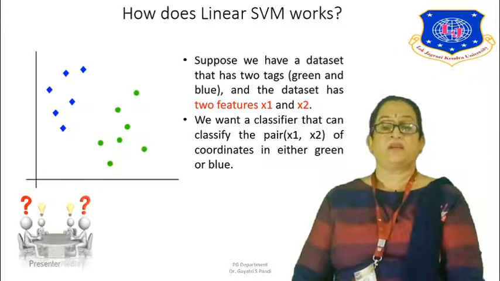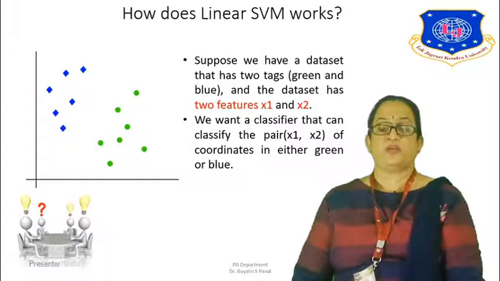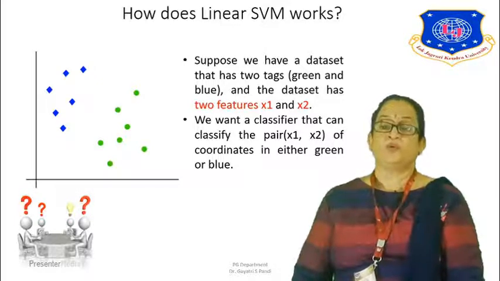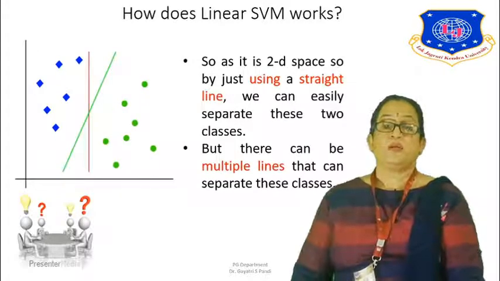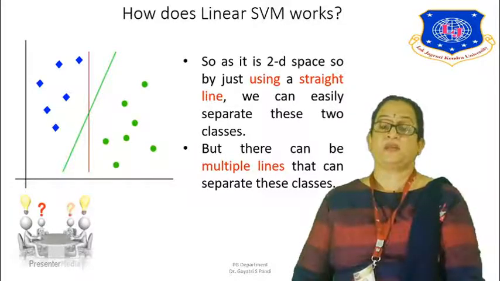We want a classifier that can classify the pair of features, x1 and x2, of the coordinates as either green or blue. Based on the characteristics, a line would be drawn which will separate the two different groups of data. Here we have a 2D space, so by just using a straight line, we can easily separate these two classes.